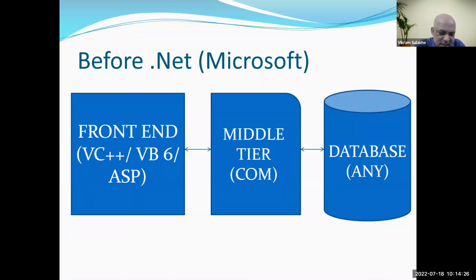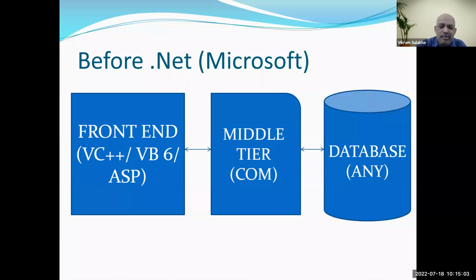Now, specifically when you're talking about Microsoft, before .NET, this was the scenario for creating your front end. These were the popular choices that Microsoft offered you: either VC++ or VB6 or ASP. Of these, VC++ and VB6 were used for creating desktop-based applications, and ASP was used for creating web-based applications.